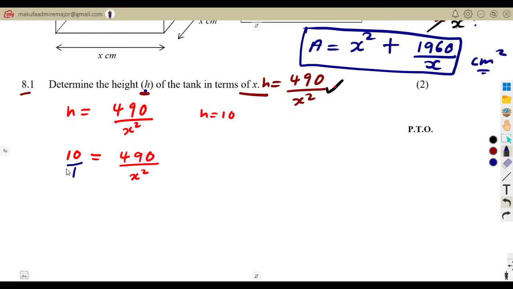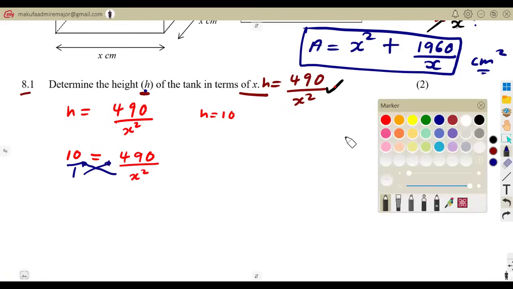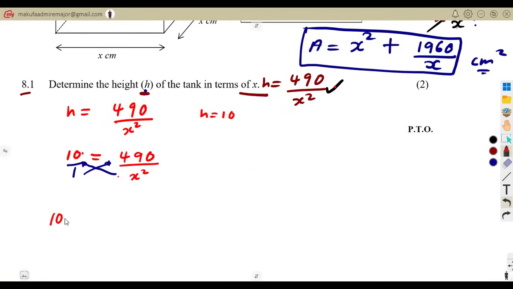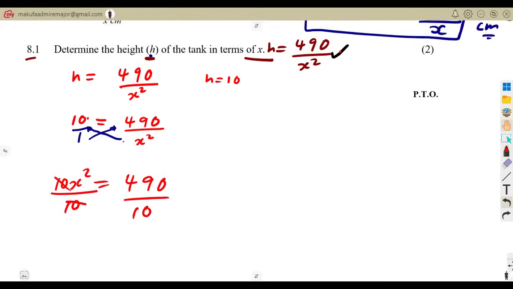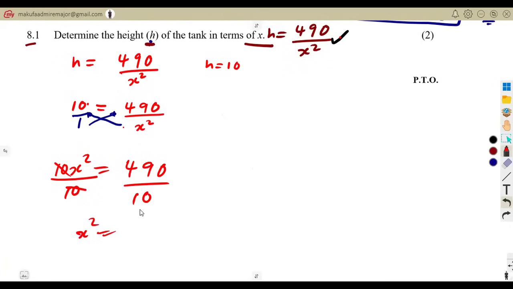So divide by 1. Then you're going to cross multiply these two. That's going to be 10 times x squared, which is 10x squared is equal to 490, divide by 10, divide by 10. That was going to give us x squared, which is 49.